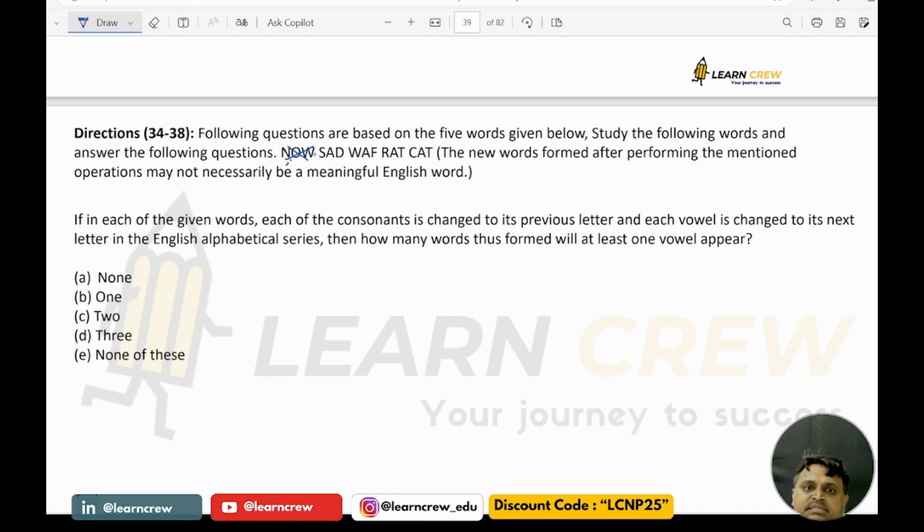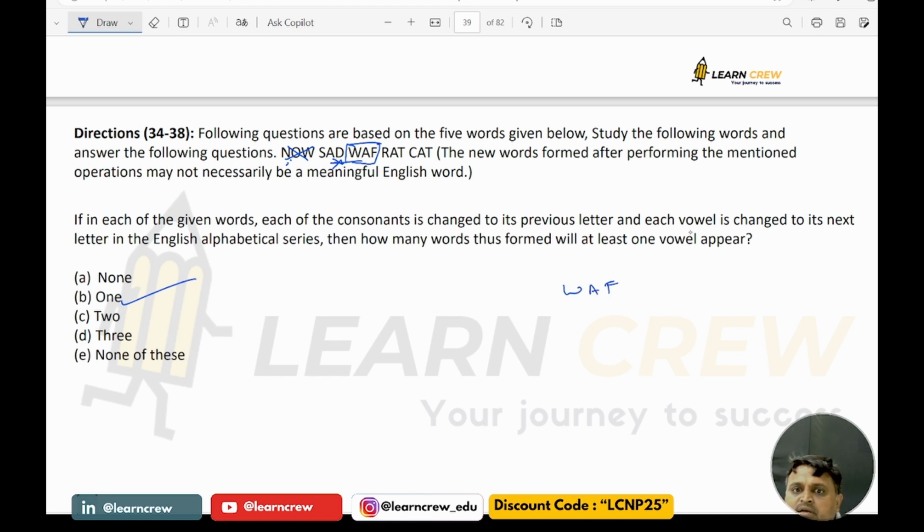Now S becomes R, A becomes B, D becomes C. Here you have one vowel, and the remaining I think have none. So I think there is only one, in WAF only.